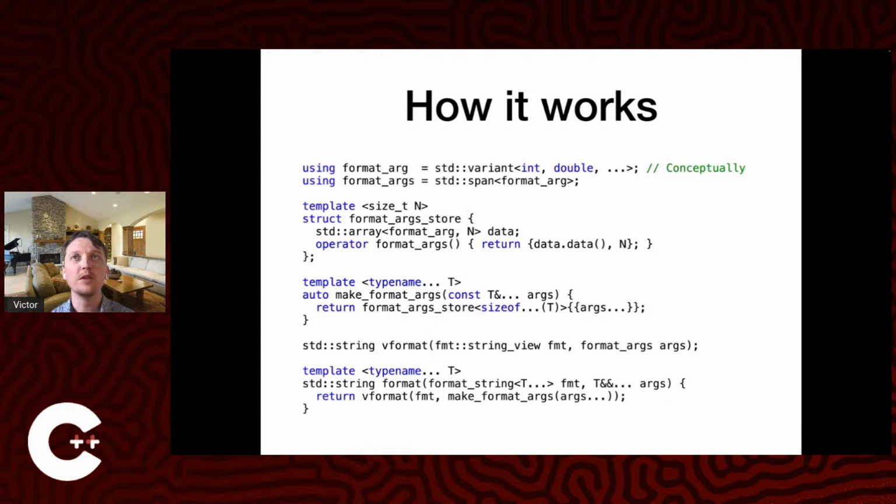And finally, the store converts into this view, which is called format_args. And the view is actually what we pass to vformat. So it's not that complicated, so it fits on a slide. It took a while to come up with this design that, on one hand, is pretty efficient, and on the other hand, doesn't cause code bloat.